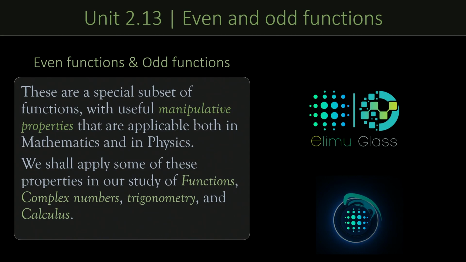We will be able to identify functions that are even or odd, and then use these manipulative properties to make our life easier when we are solving real-life problems in these areas, okay? In physics, odd and even functions appear in calculations involving the Schrödinger wave equation and so on, but that is way ahead. You will see how useful this is as you get closer to that section, okay?